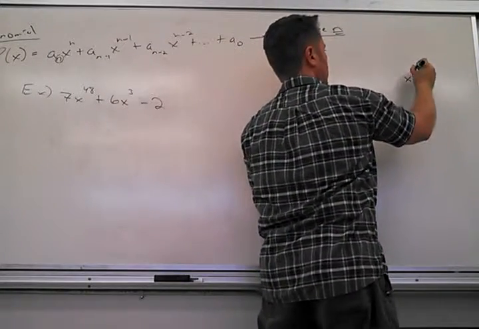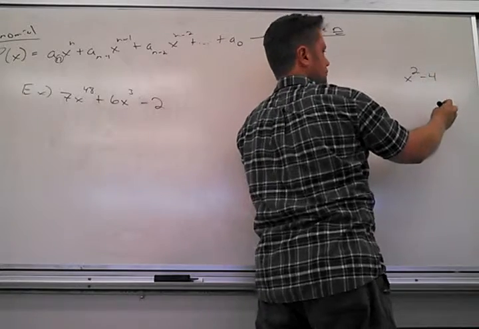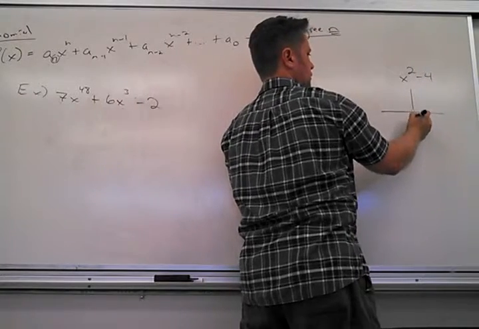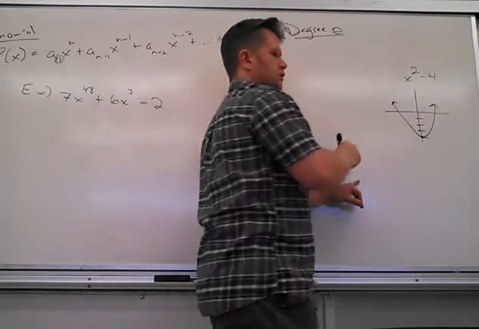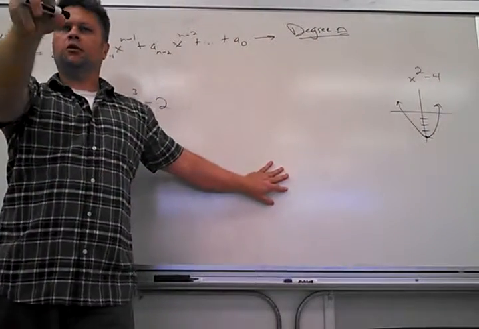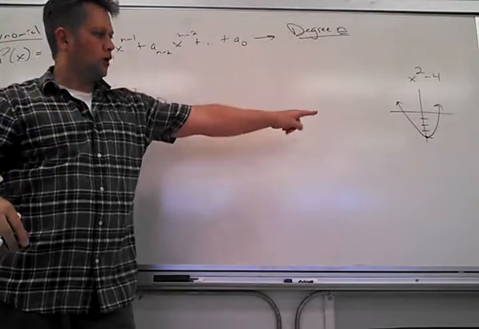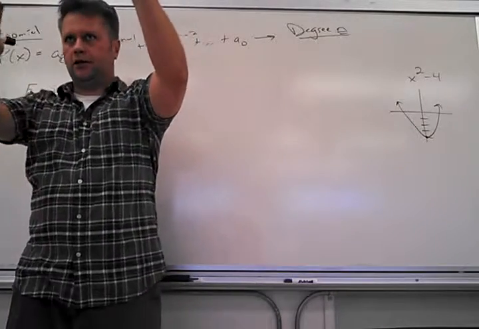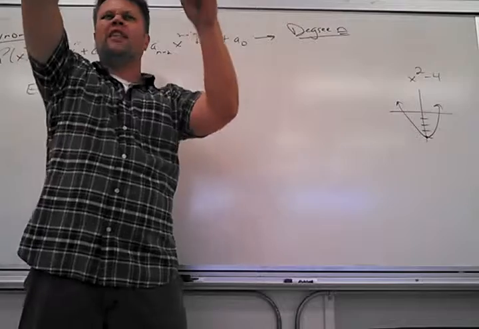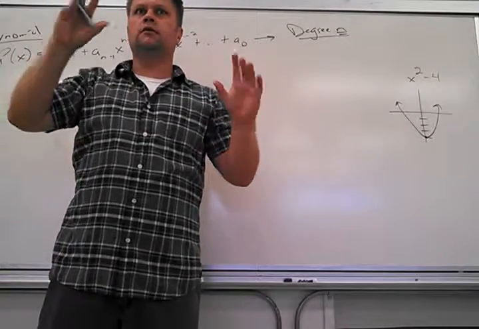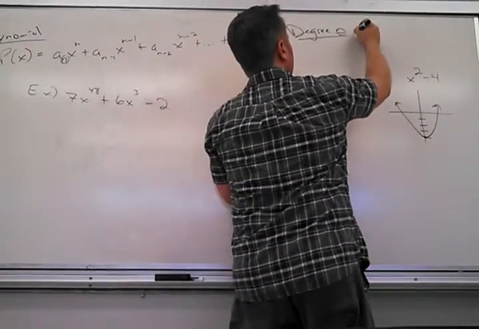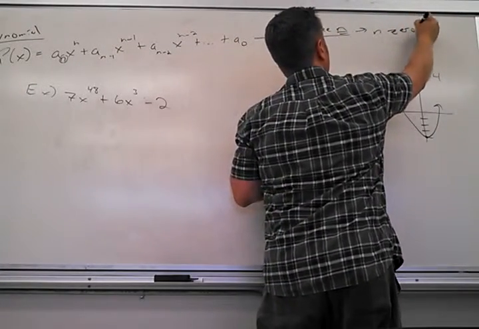For example, if I had x squared minus 4, what does that look like? It's a parabola that's down 4, right? It has 2 zeros. So you're thinking about turning points. One turning point, so then it can have 1 zero and then one more zero. That's why it has one less turning point. If you had another turning point, I get another zero. Oops, too many. So this has got to have n zeros.